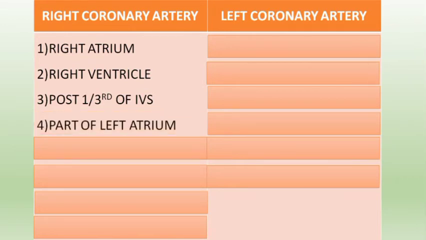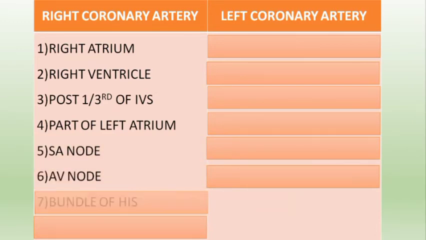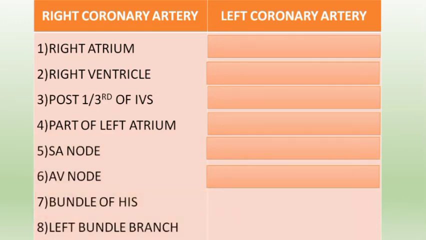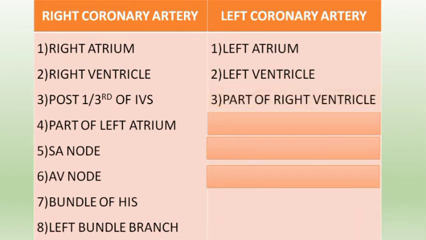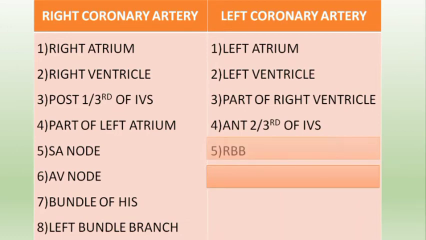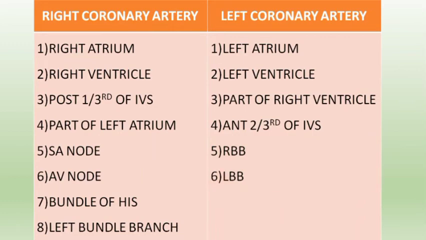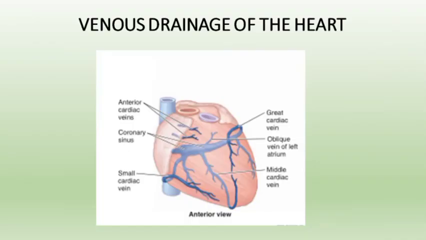Then a small part of the left atrium, SA node, AV node, bundle of His, and left bundle branch. The left coronary artery supplies the left atrium, left ventricle, part of the right ventricle, anterior 2/3 of the interventricular septum, that was by the anterior interventricular artery, right bundle branch and the left bundle branch.